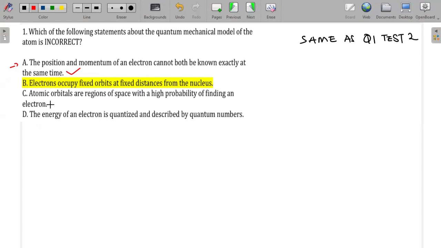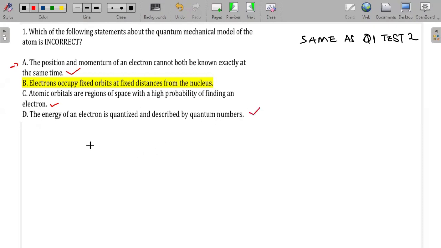If I go to option C, they're saying atomic orbitals are regions of space with a high probability of finding an electron. That is true because that's just the definition of an atomic orbital. And D says the energy of an electron is quantized and described by quantum numbers. This is also true.